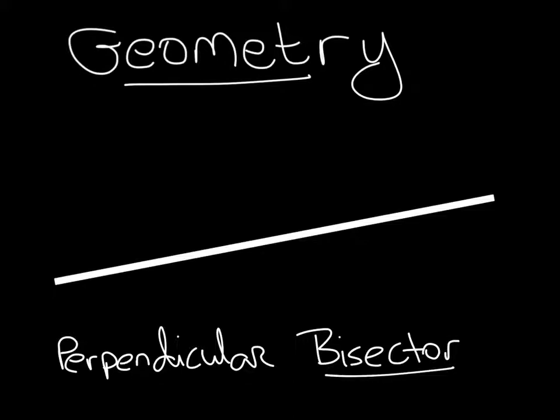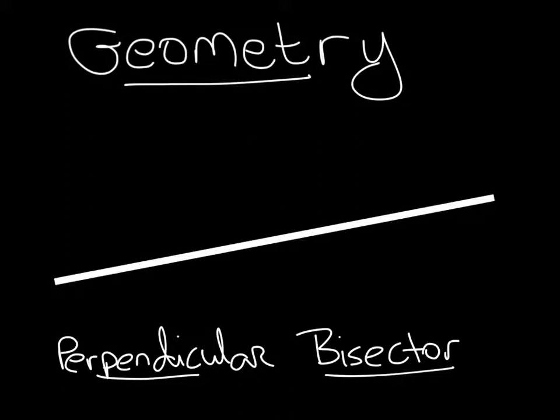We did an investigation in class as to what these two words actually mean. Perpendicular means that two lines meet at a 90-degree angle, and bisector means cutting something in half into two. So we want to find a line that cuts this line here in two, but we want it also to be perpendicular, so creating a 90-degree angle.